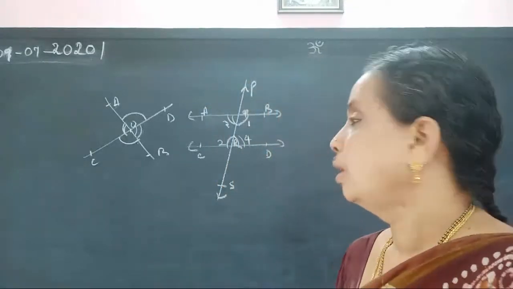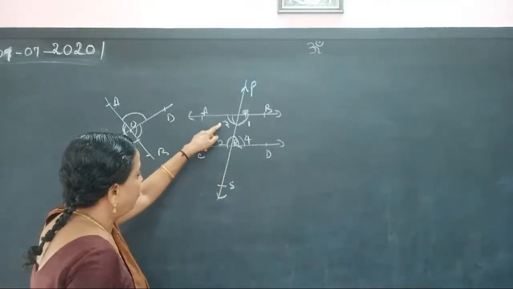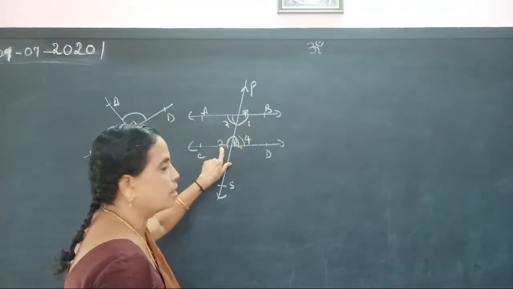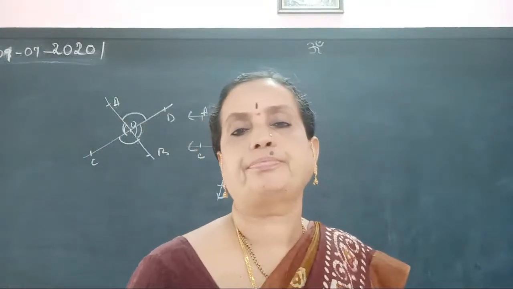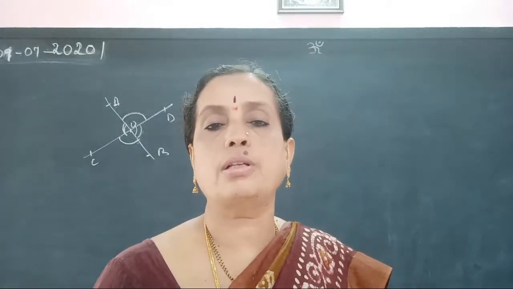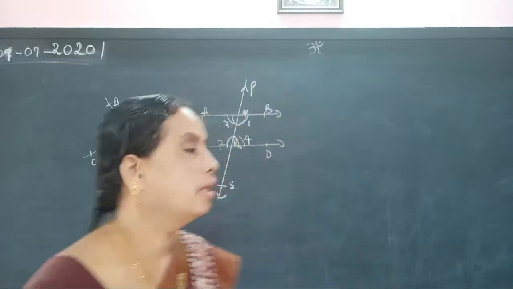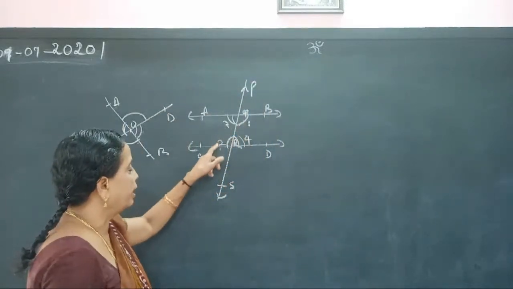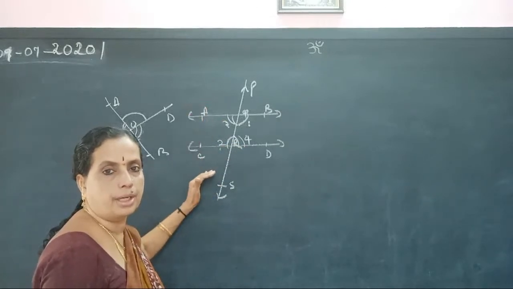Okay. Now, axiom 6.3 is, if a pair of alternate interior angles are equal, then the lines are parallel. That is the converse of theorem 6.2. That is, if a pair of alternate interior angles are equal, then AB is parallel to CD.